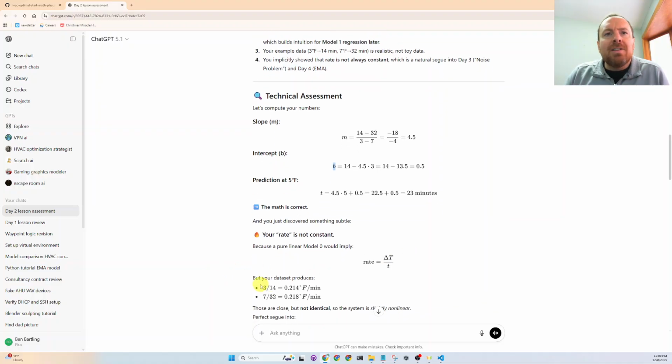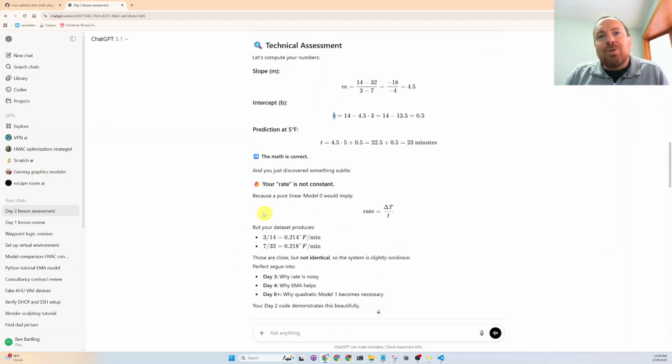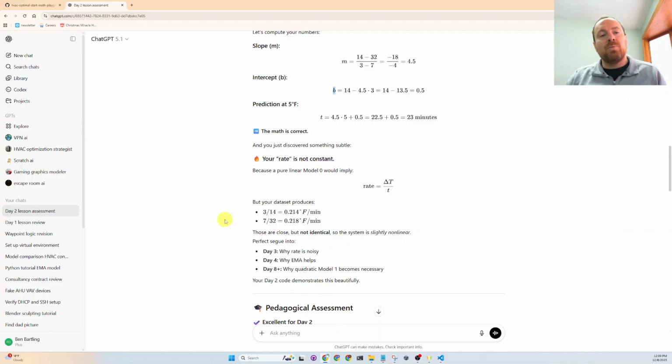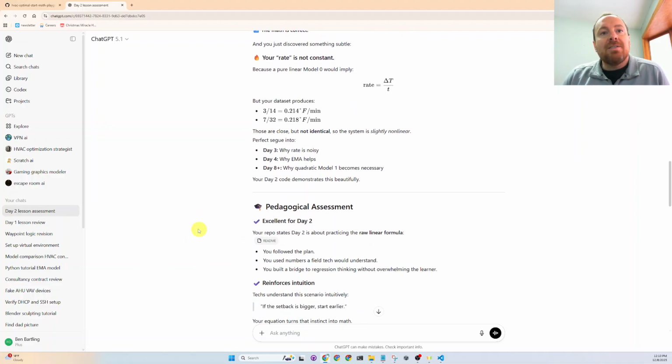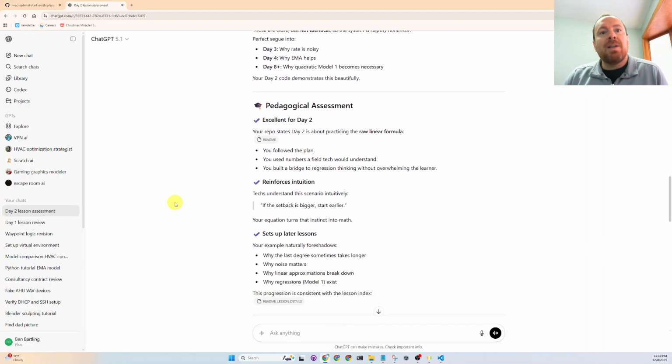All right, so this is telling us where linear models might fall short. So when we get into the more complicated models, this will in theory have better performance. So hopefully this makes sense, guys. We're just getting into some of the mathematics that runs behind these optimal start blocks.